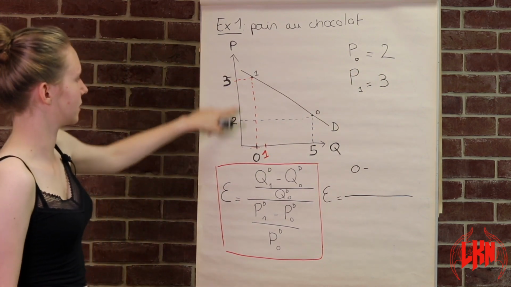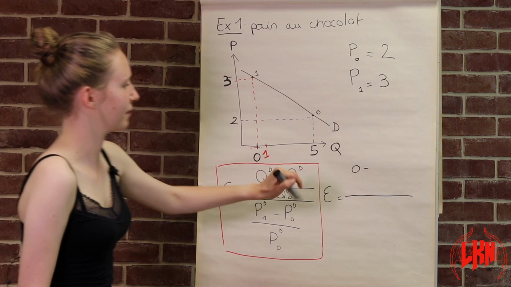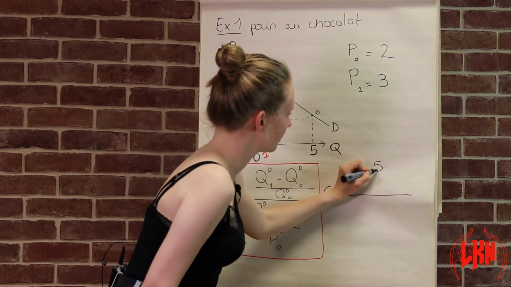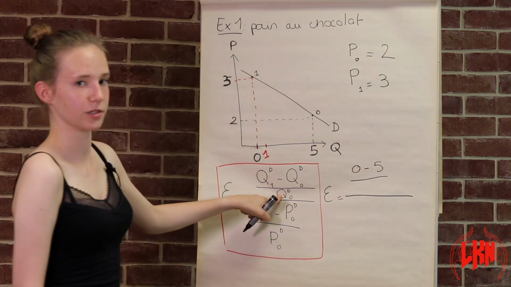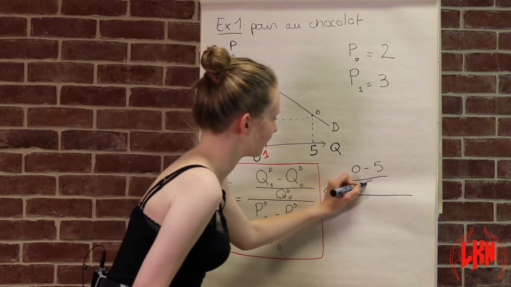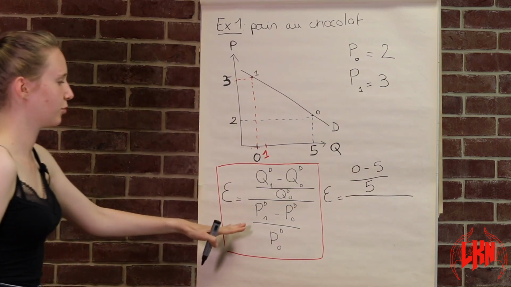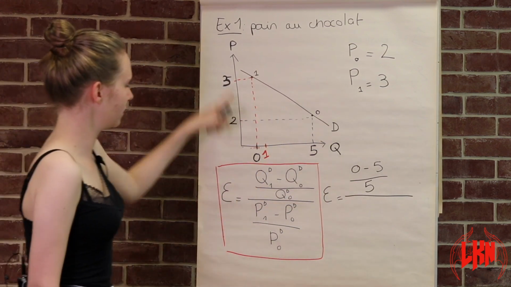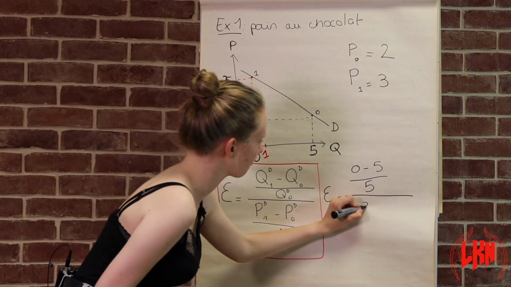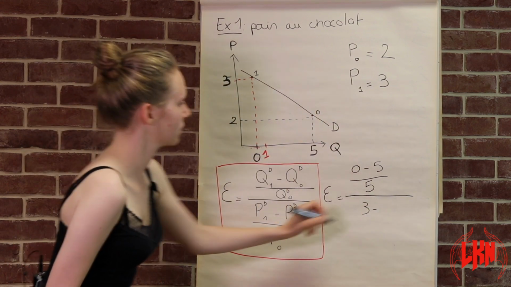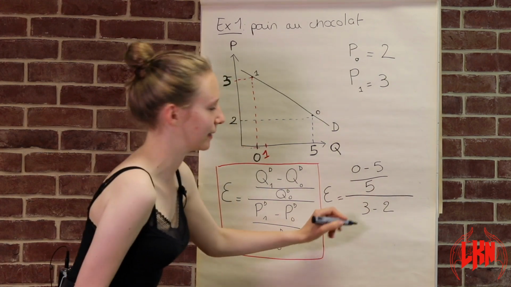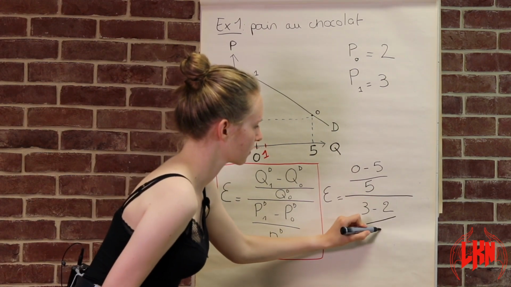We go here, price equal to 2, we have 5. So 0 minus 5, divided by quantity 0, so 5 again. And then for the price, the second price 3 minus the first price 2, divided by the first price 2.